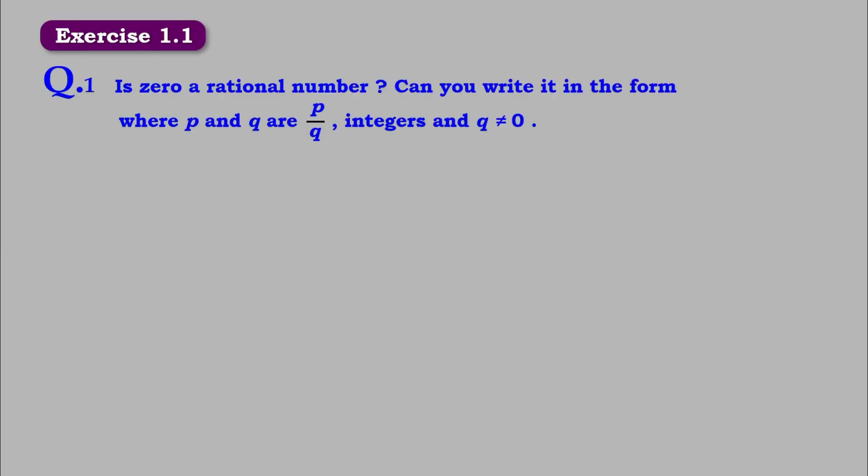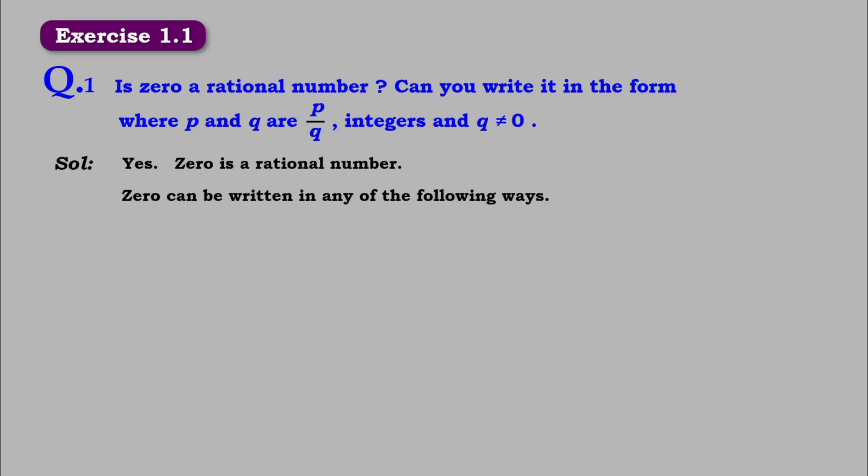Now let us solve some problems. Is 0 a rational number? Can you write it in the form p by q, where p and q are integers and q is not equal to 0? Yes, 0 is a rational number.